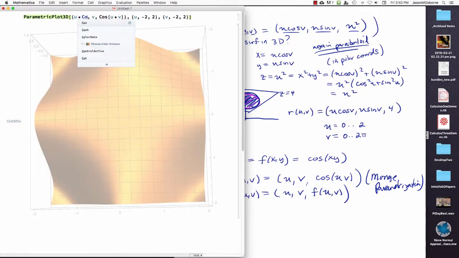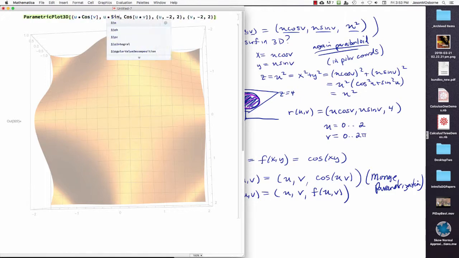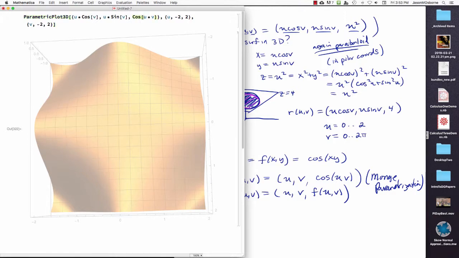I could have done x is u times the cosine of v, y is u times the sine of v, and now we have to do the cosine of this quantity, and u is our radius variable, so we need to adjust whatever its parameters are.